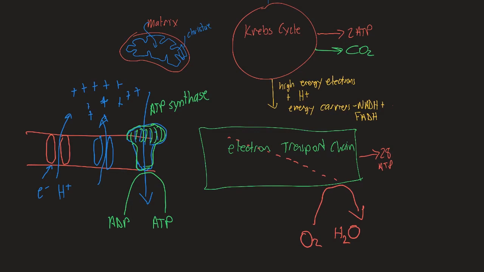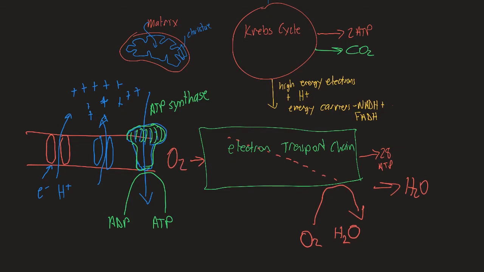So one of the other outputs of the electron transport chain is H2O, and a really important input is oxygen.